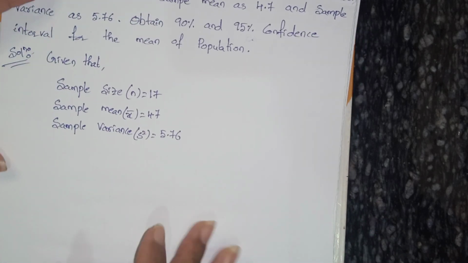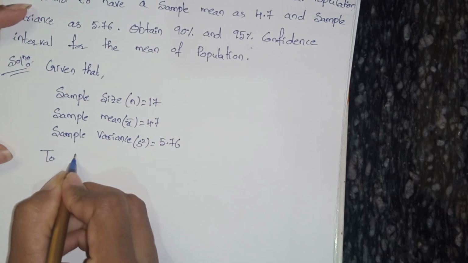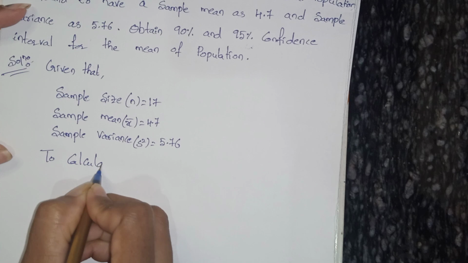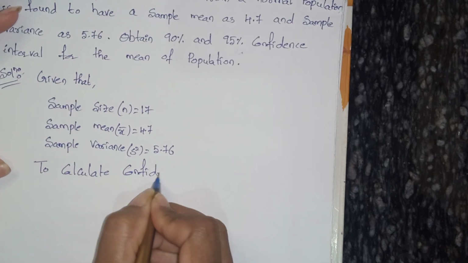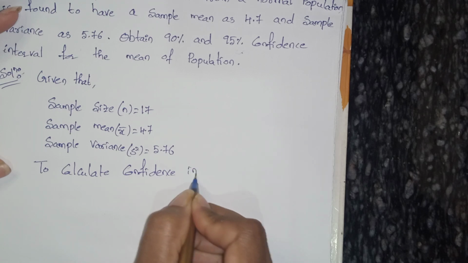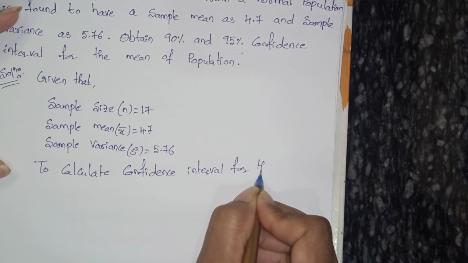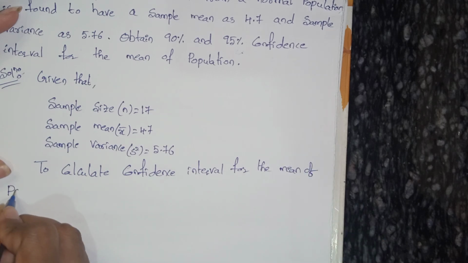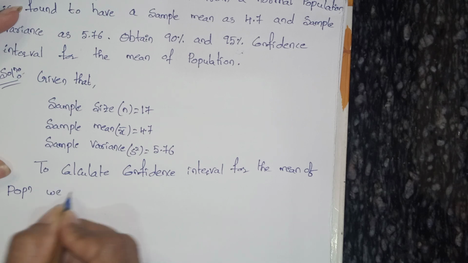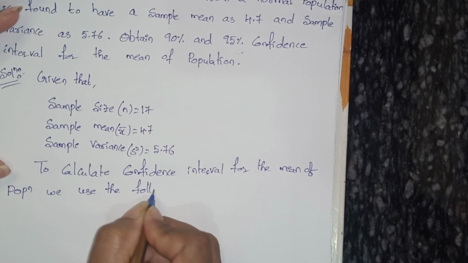So to calculate the confidence interval for the mean of the population, we use the following formula.